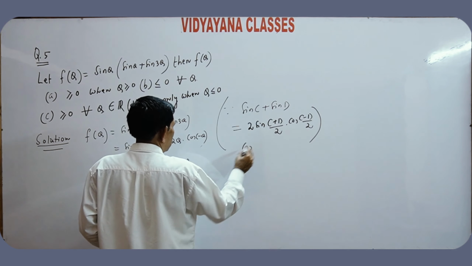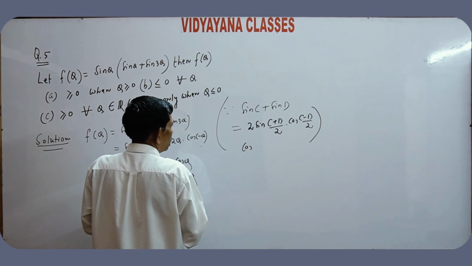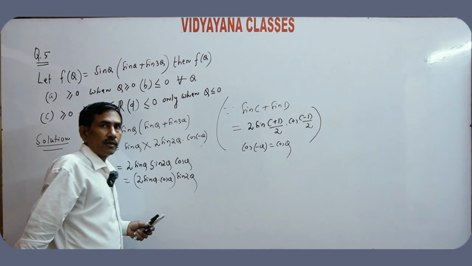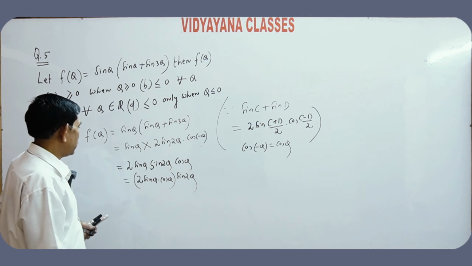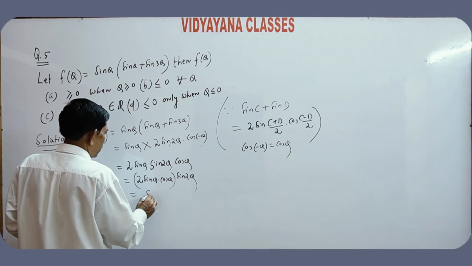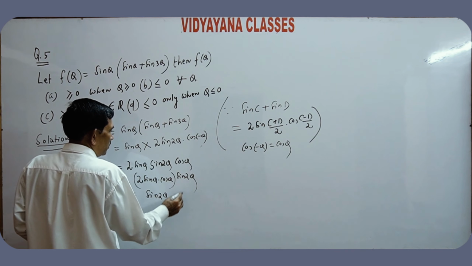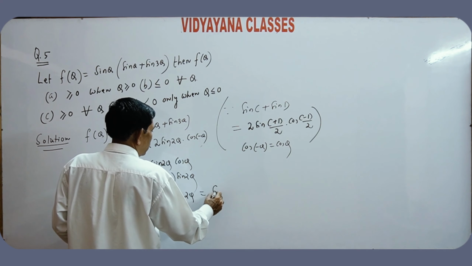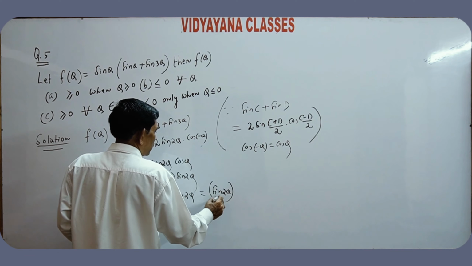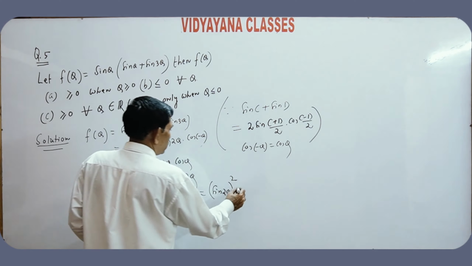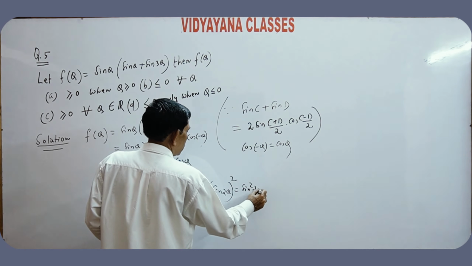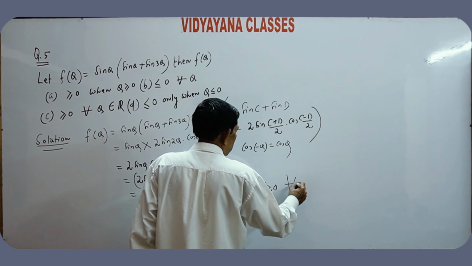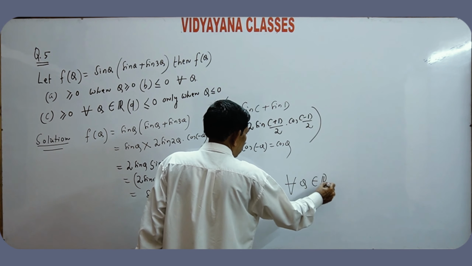Cos minus theta is equal to cos theta. 2 sin theta into cos theta, that is equal to sin 2 theta, into sin 2 theta, which is equal to sin 2 theta whole square, which is equal to sin square 2 theta, greater than or equal to 0 for all theta belonging to the set of real numbers.